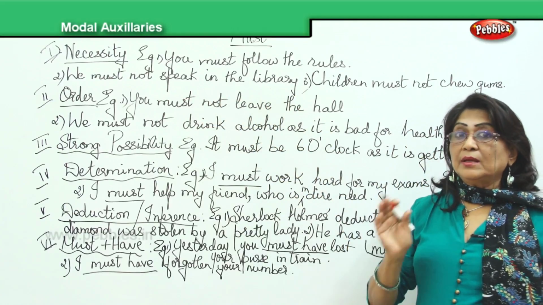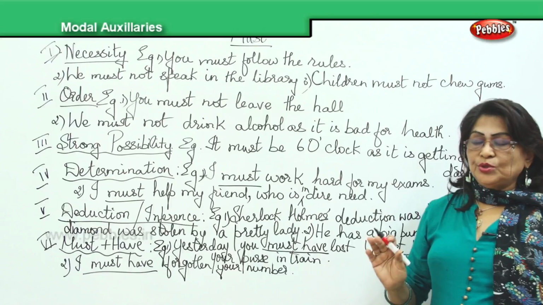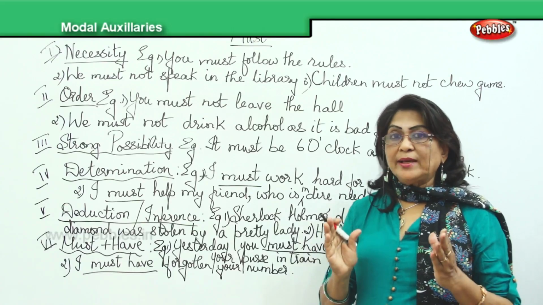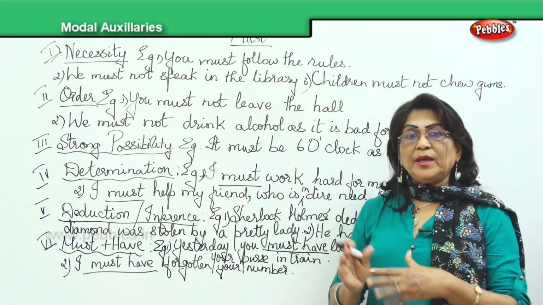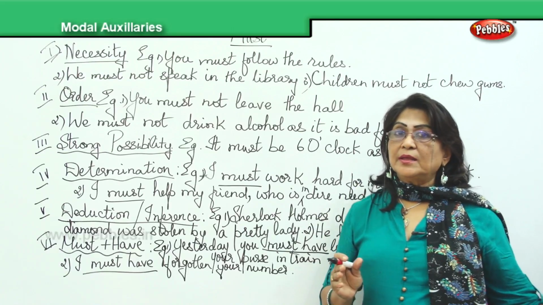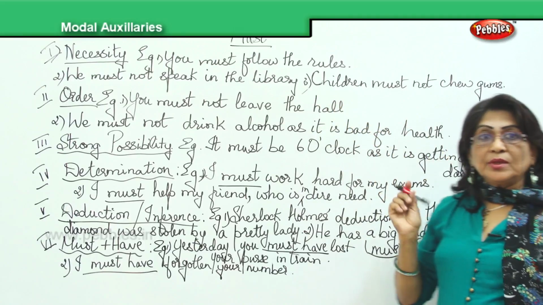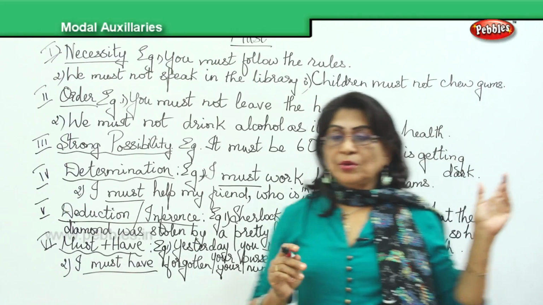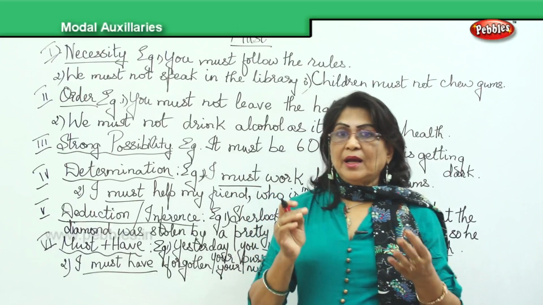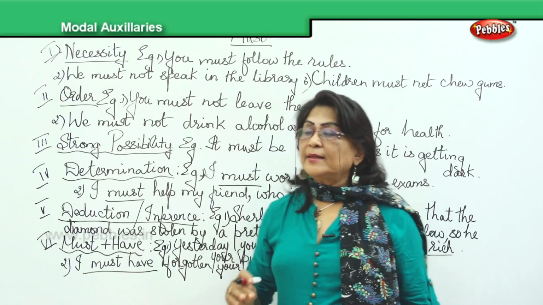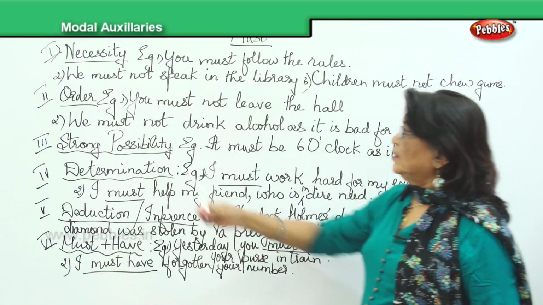This is another necessity which you should follow. In a library, you should never speak, you should quietly read. Because if you speak, you will be disturbing the others in the library. Children must not chew gums. I already told you, if they are given chewing gums, they will swallow it and it may get stuck in the intestines.